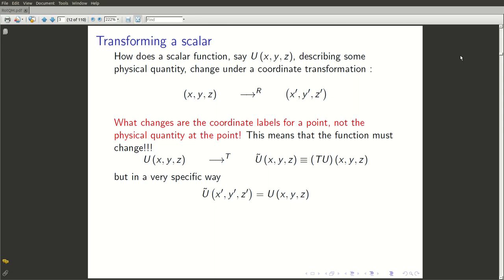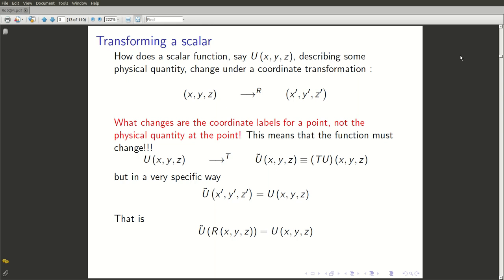The same point which used to have labels x, y, z before now has labels x prime, y prime, z prime. Neither has the physical quantity changed. So u tilde evaluated at x prime, y prime, z prime is the value of the physical quantity at the same point that was being referred to as x, y, z before. So it has to be u of x, y, z.